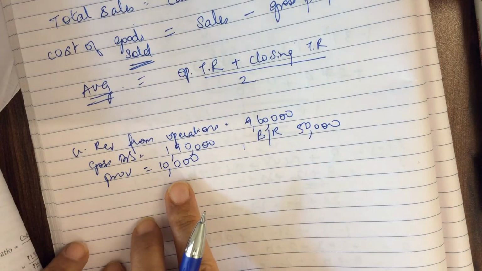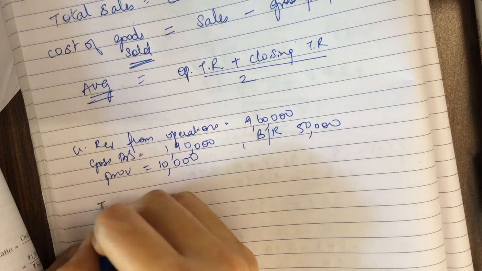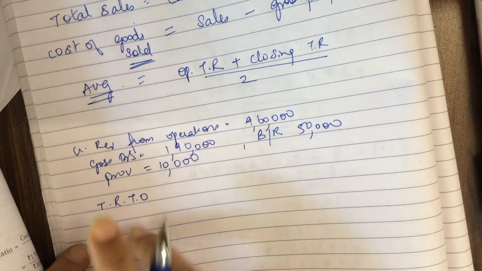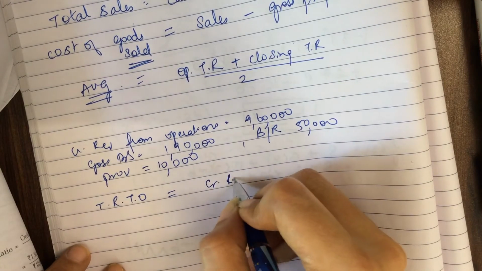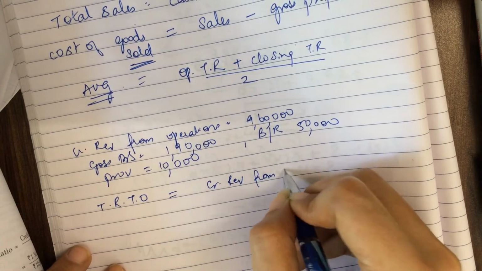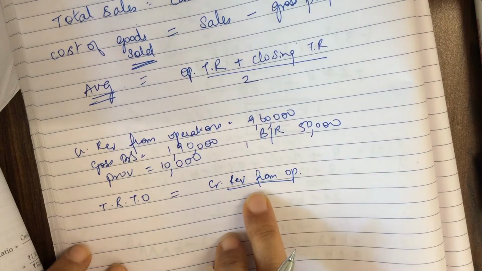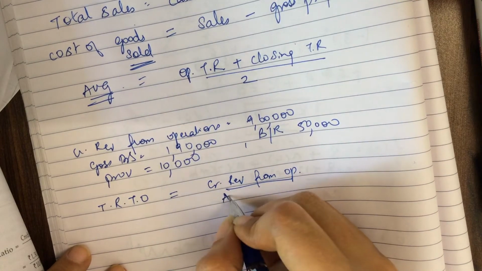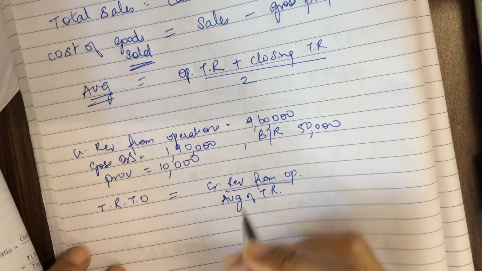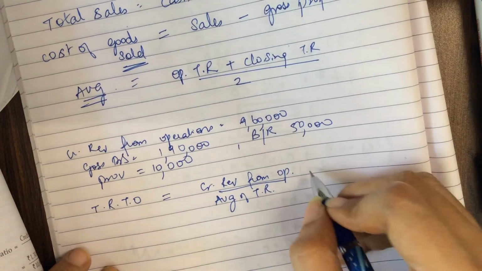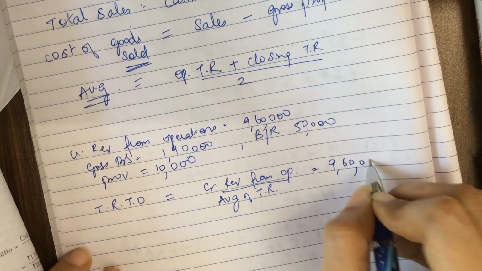Now I have to find my trade receivables turnover ratio. Here it is nothing but credit revenue from operations, which is your credit sales, upon average trade receivables. My credit revenue is 9,60,000. It's given to me in the sum.